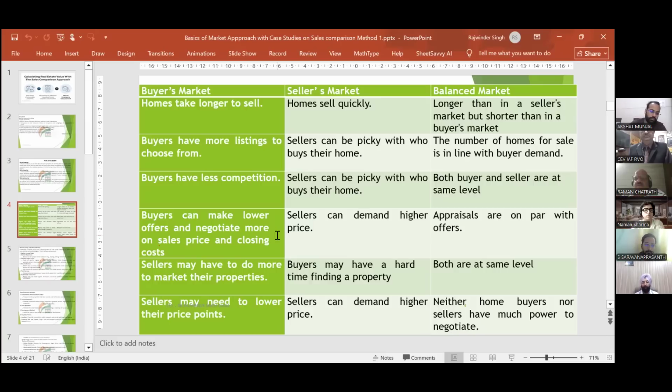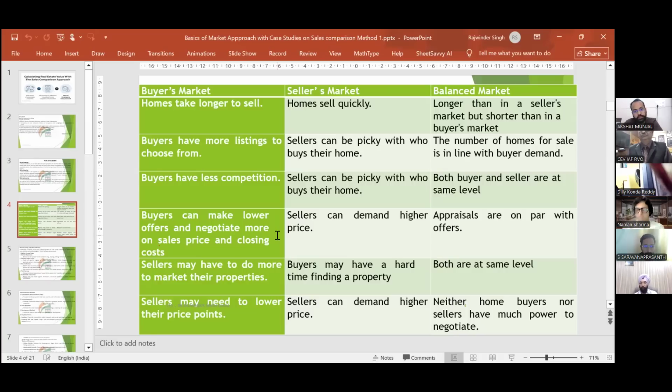The number of sellers was more. Because when there was a boom in real estate during 2014, 15, up to 16, prices were going up.